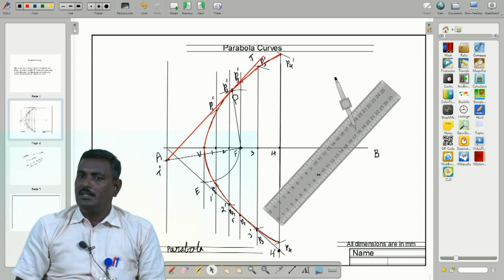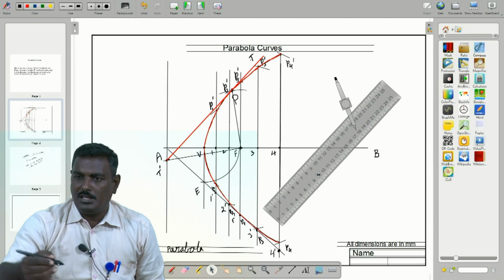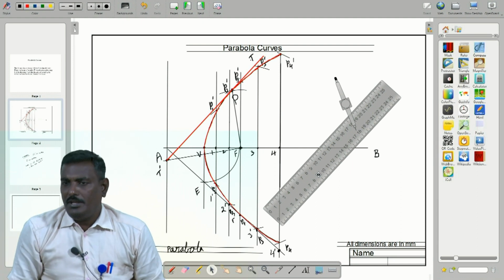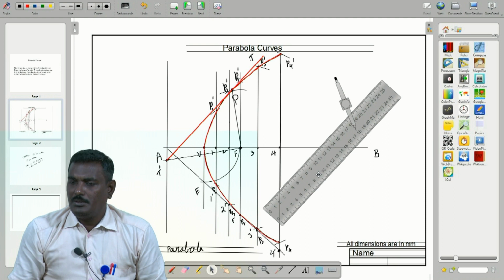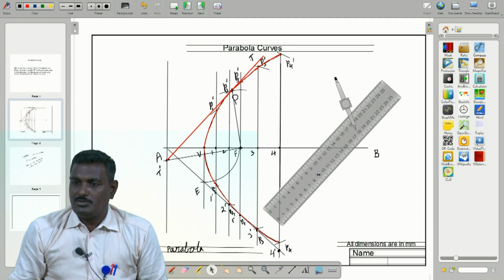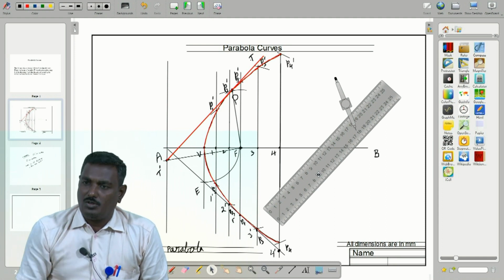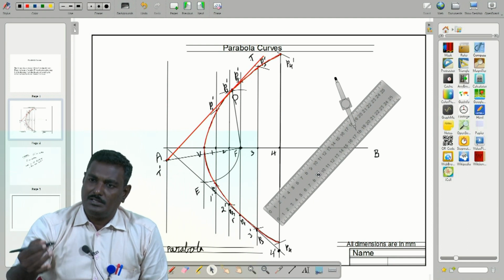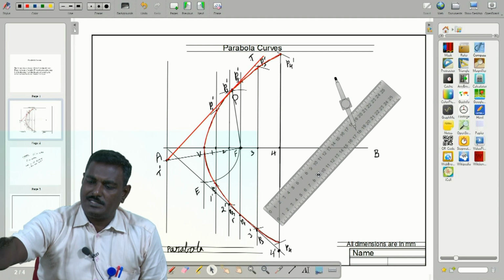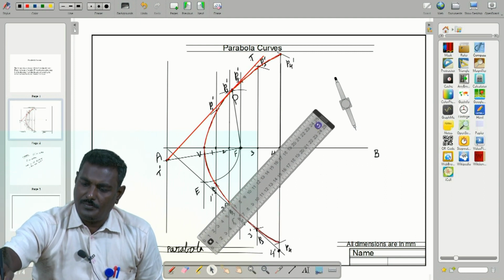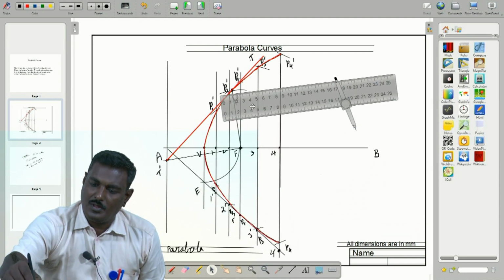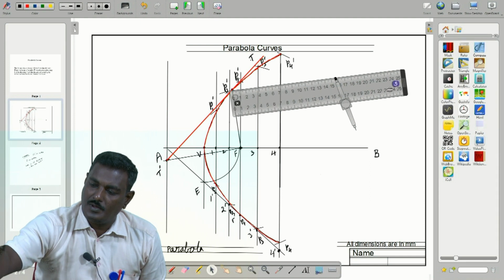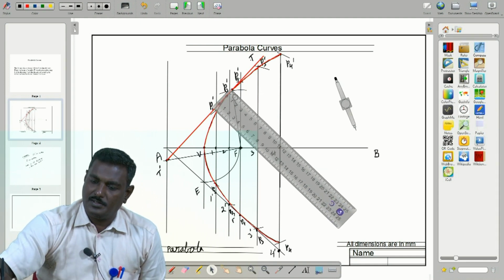But here I couldn't bring a mini drafter, because this software does not have that facility, so I just chose to use only a scale.